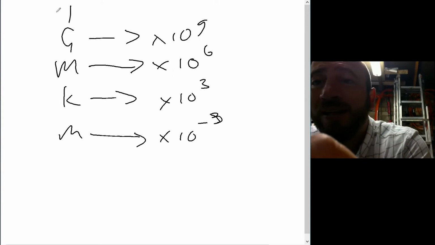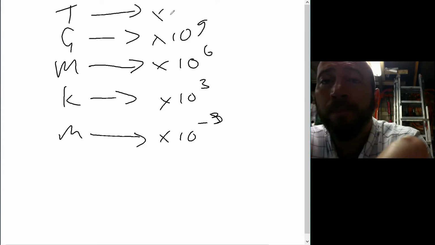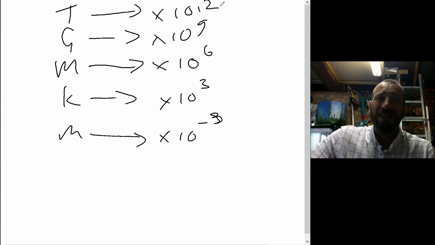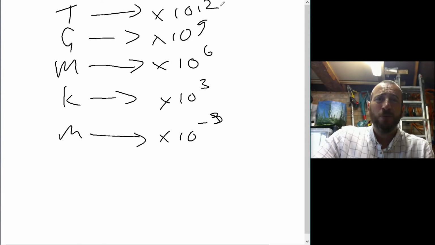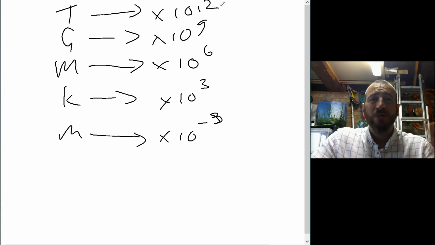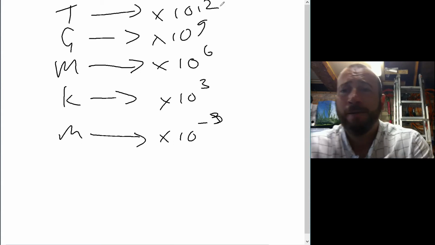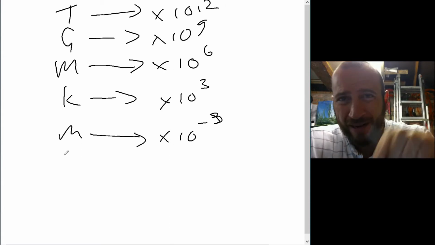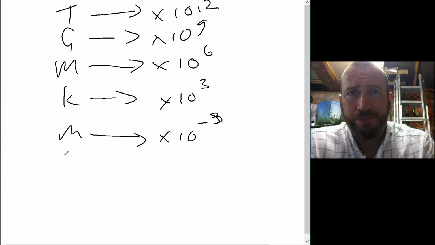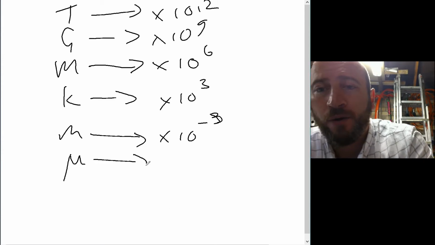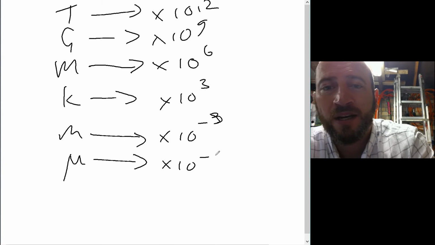Above giga, tera, times 10 to the power of 12. It's easy. If it says capital T, terabytes, it's times 10 to the 12 bytes. Okay? Below, let's look down the scale a bit. We've got milli. Below that, micro, times 10 to the minus 6.